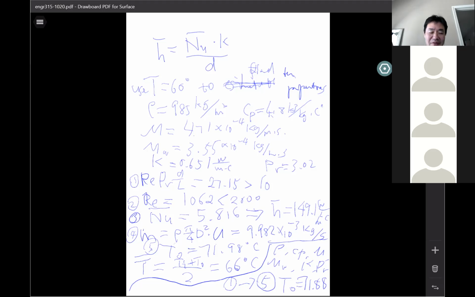So your average temperature is still about 66 degree, maybe 65.94. I think that's close enough to 66. You won't see any difference in the properties. So it will turn out to be 71.88 degree for your outlet temperature, which is a converged solution for your iteration.